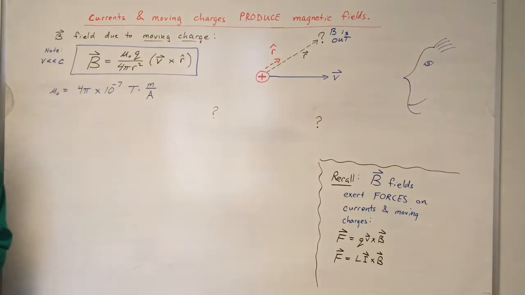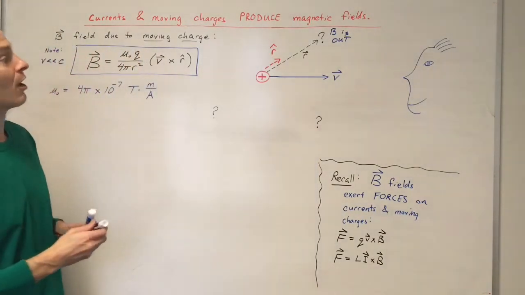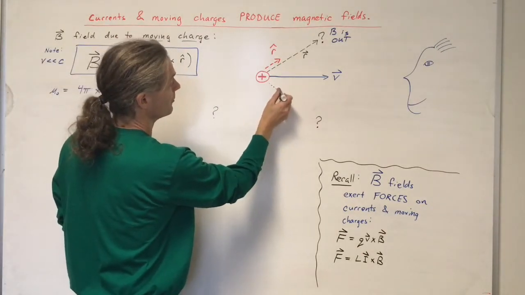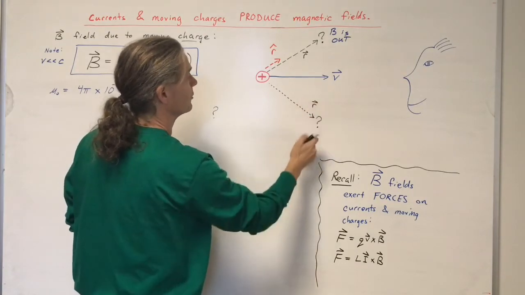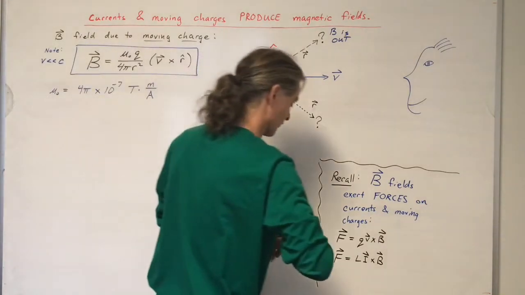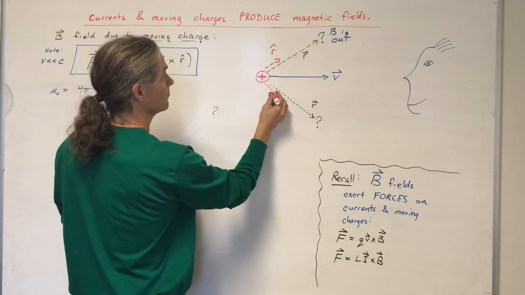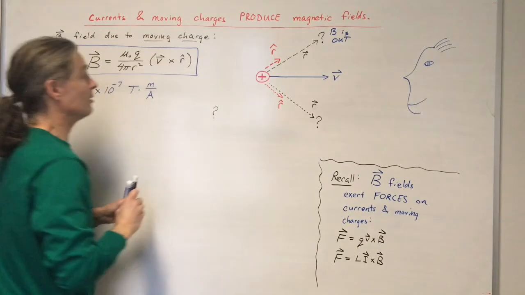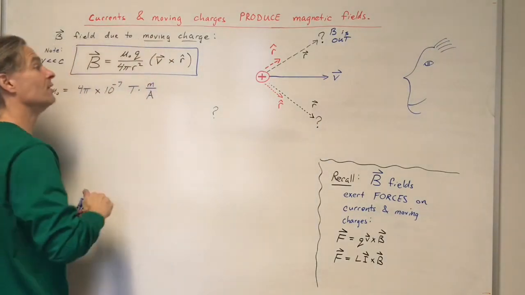Now, let's do the same thing for this point right here. So I've got to draw a new r hat unit vector. Well, first I'll draw a new r. So there's a new r vector corresponding to this field location. I'll have a new r hat unit vector. And now I want to find the direction of the magnetic field at this location right here.